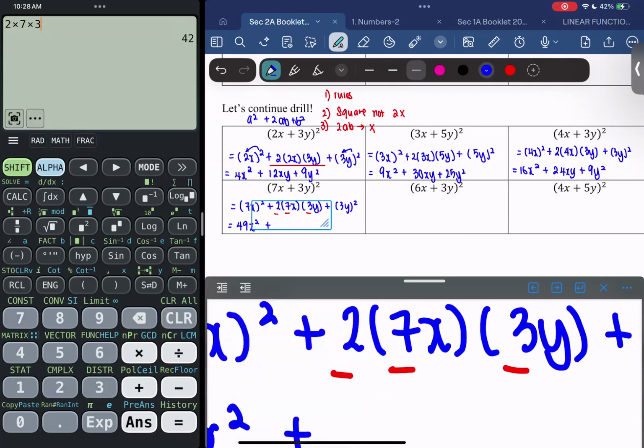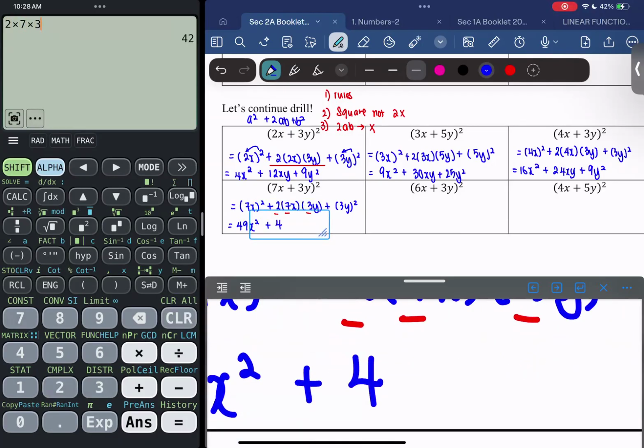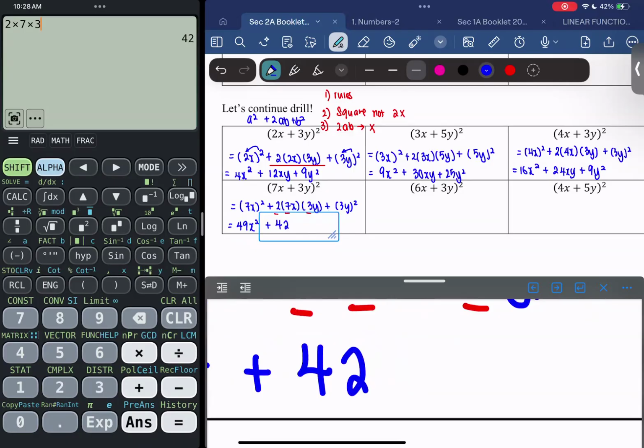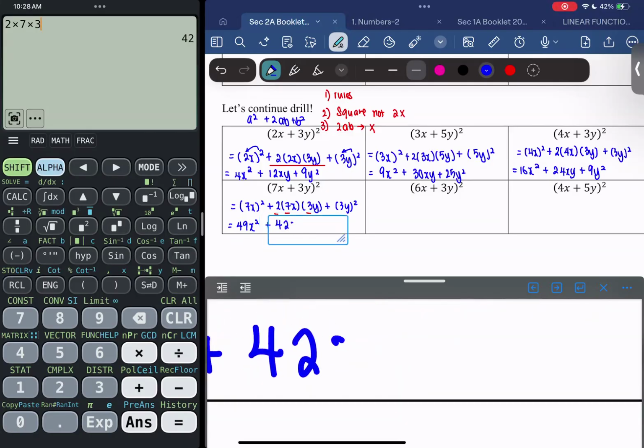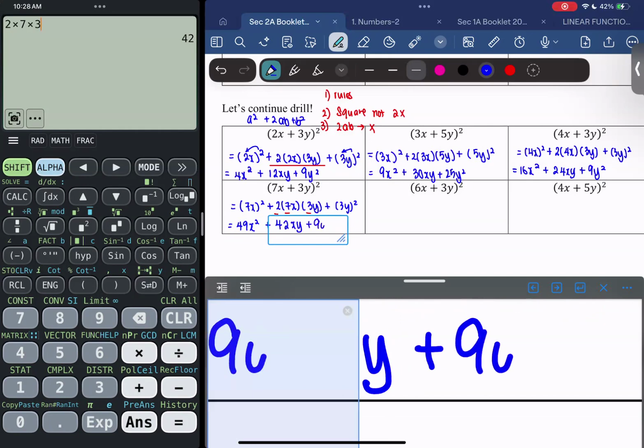Oh, we have to times all the numbers? No, all 3 numbers must group together. Okay, 42xy plus 9y squared. Yes, correct. Good job.